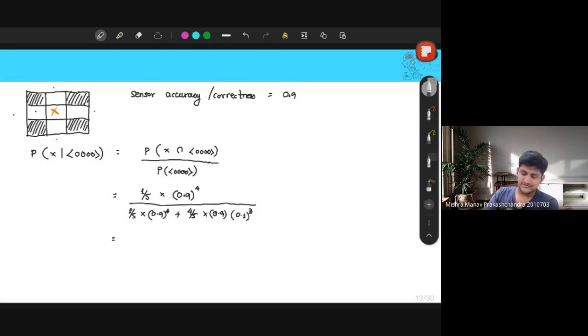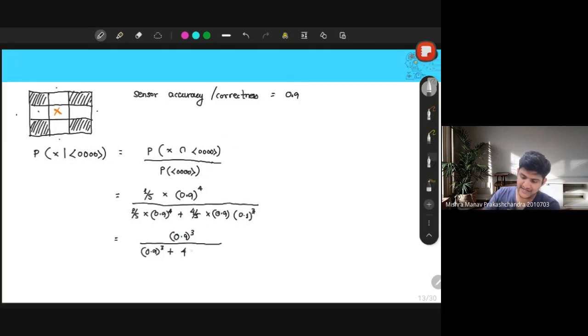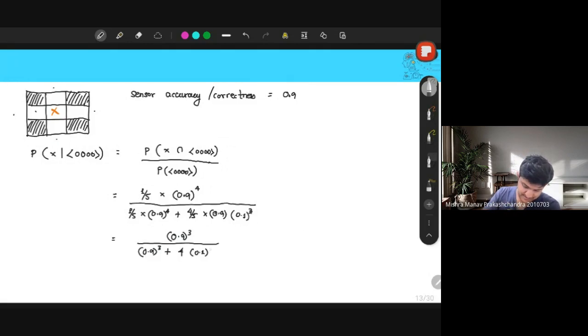So now, how does my equation look? It's 0.9 the whole cube, divided by 0.9 the whole cube plus 4 times 0.1 the whole cube. Okay, so now let's start looking at it.